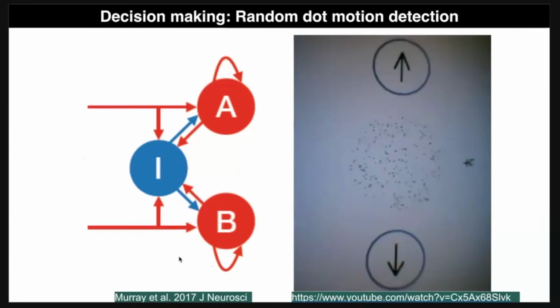This is mimicked by stimulating the excitatory populations A and B. One of the two populations gets slightly stronger inputs. And this is the contrast of the evidence. So if you have slightly more input, for example, in population A, we would have a positive contrast.